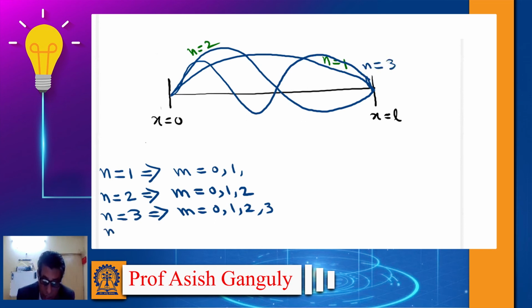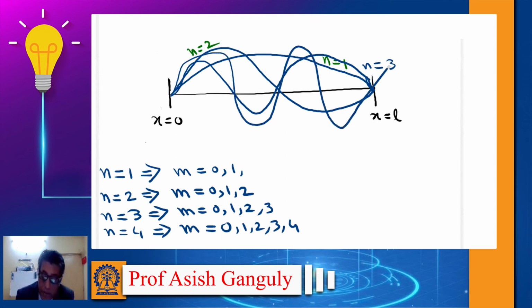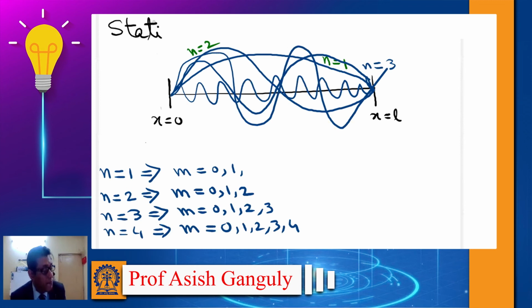So if you go now n equal to 4, it will be m equal to 0, 1, 2, 3, 4. So there will be 3 nodes now. So naturally more vibration. So in this way, as you keep increasing n, you will have more vibration. This is called stationary waves.